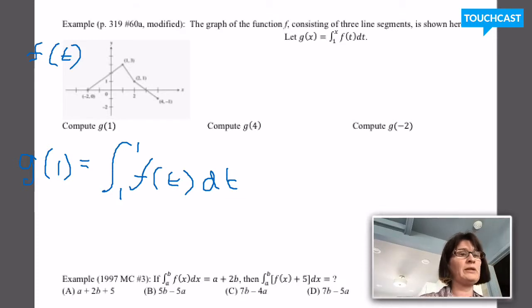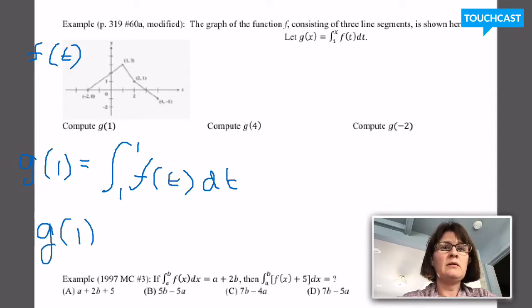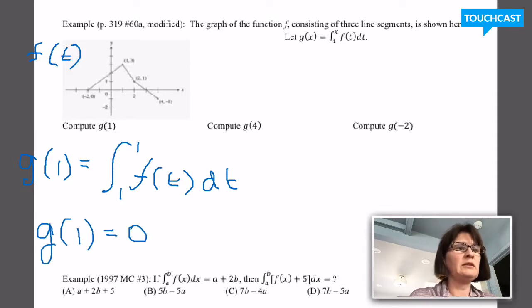We'll go back to that rule that we learned a second ago, that if your lower limit and your upper limit match, then the value of the integral must be 0, because we've been asked to find the area under a curve between 1 and 1. Well, that's a distance across of 0 to fit infinitely many rectangles into. Each rectangle is going to have a width of 0. So g of 1 is equal to 0.